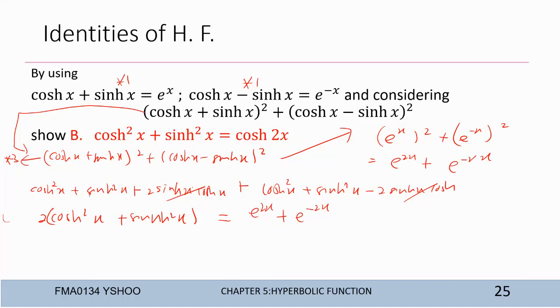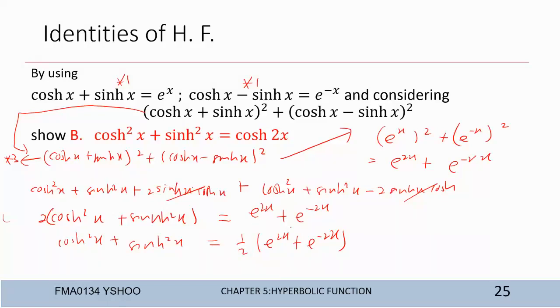So if you see here, this one is our left-hand side. We don't want the 2, so we throw it to the other side. So I have cos squared 2x plus sine squared 2x equals half of e^2x plus e^-2x.